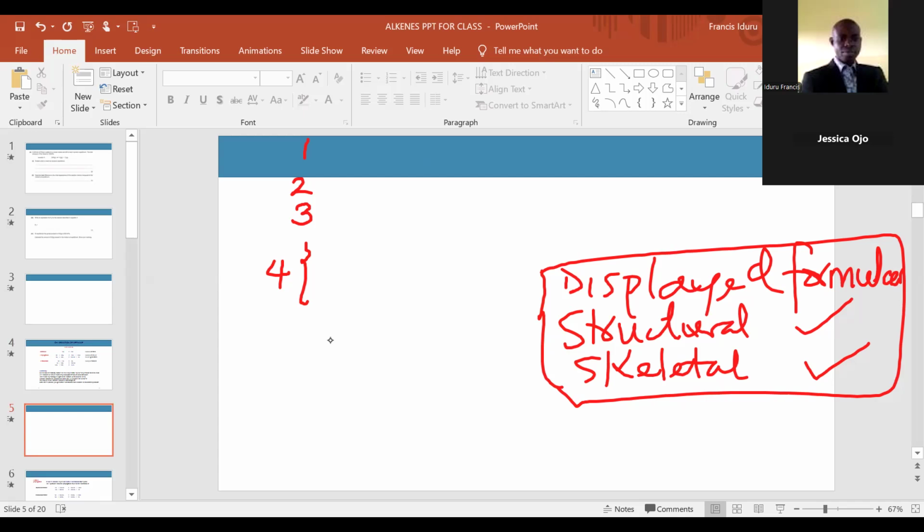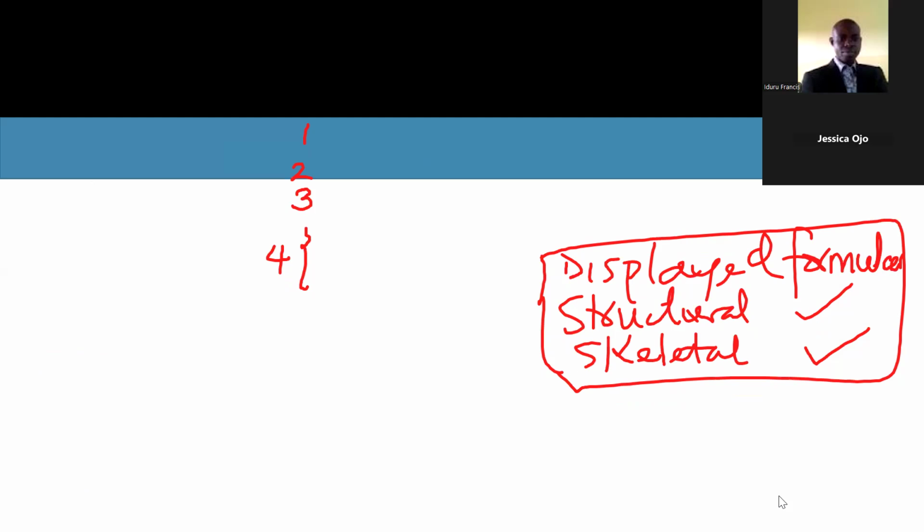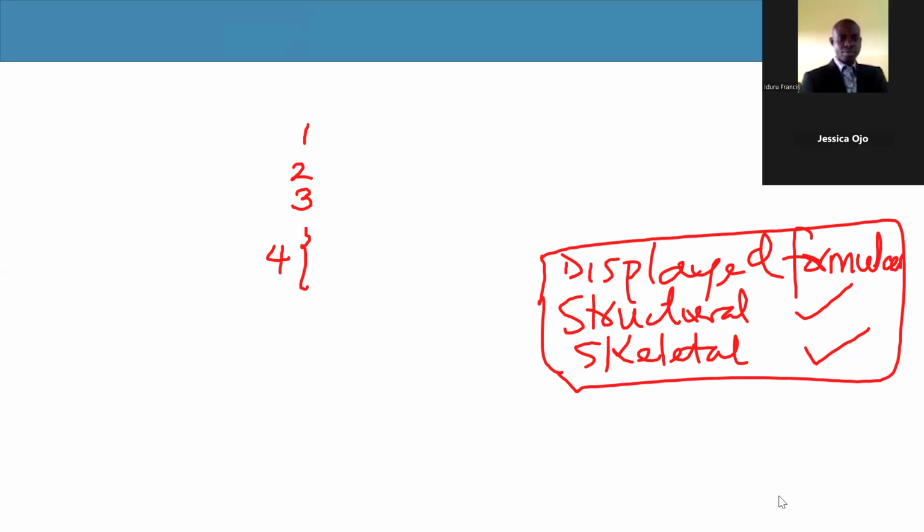Okay, let me get you an example. Let's see the example I'm going to give you now. Okay, under skeletal, assuming you are given this molecule, give me the name of this molecule.